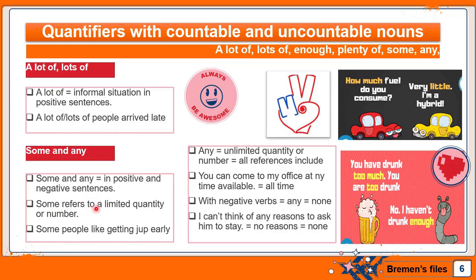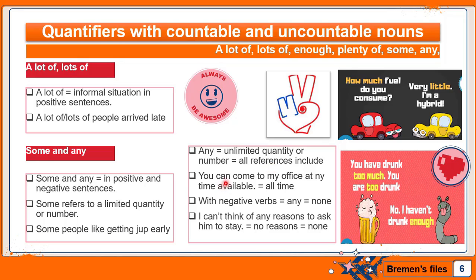Some refers to a limited quantity or number, like some people like getting up early. So you make the limitation that not many, but some of them like getting up early. Any is an unlimited quantity or number. The meaning is all references are included, all sections, all objects are possible.